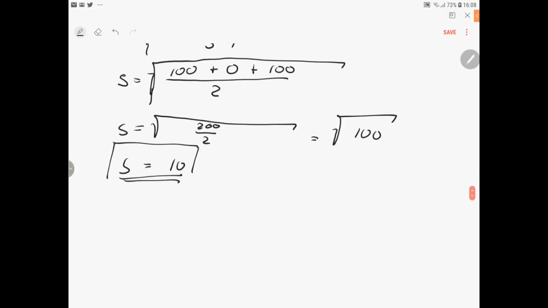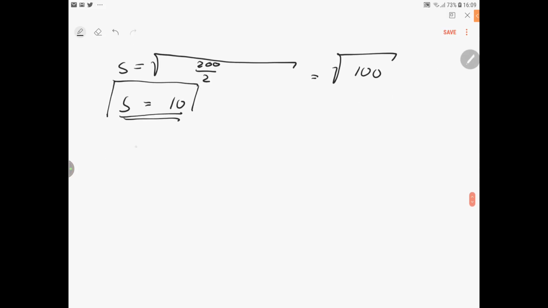So what we can say is that the sample standard deviation, and I abbreviate it as this, is always larger than the population standard deviation. And what we can do now is we can try and figure out where is our range.